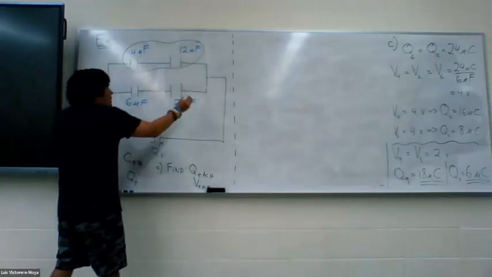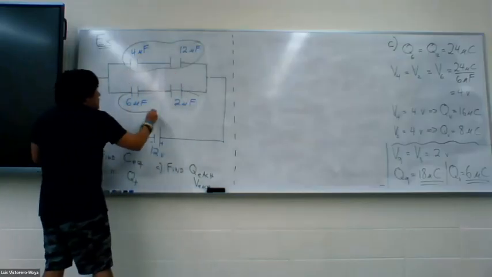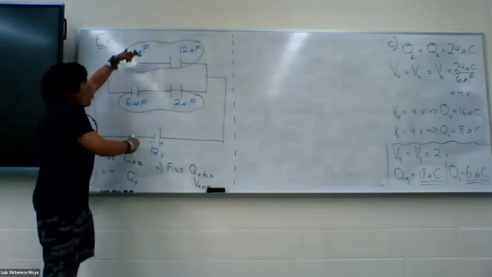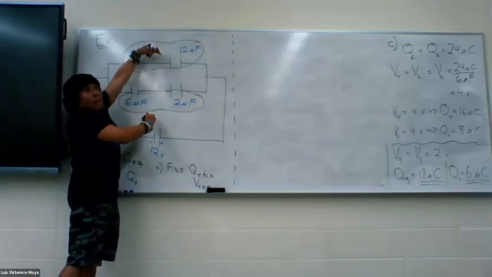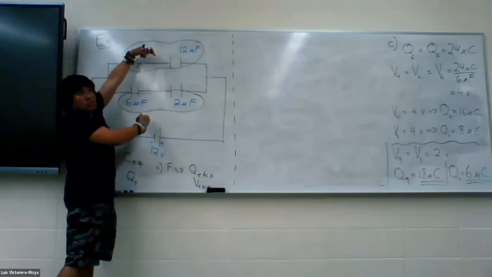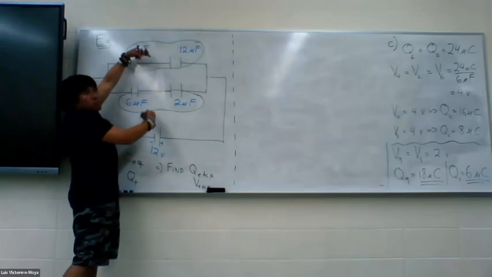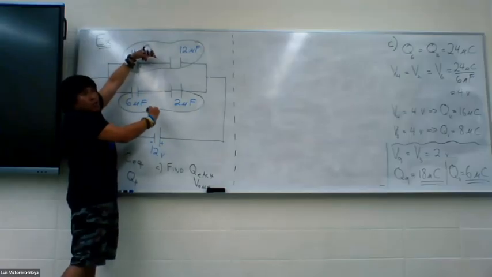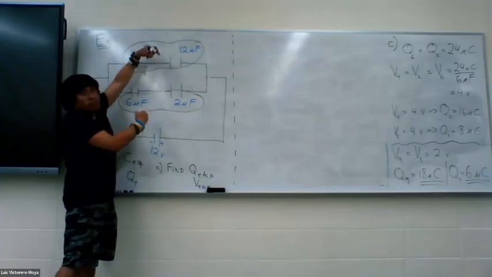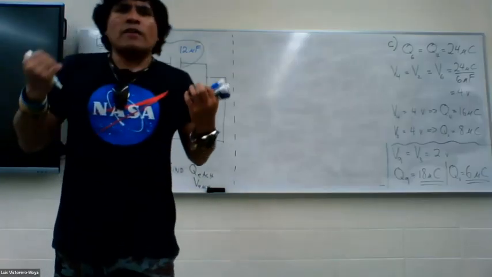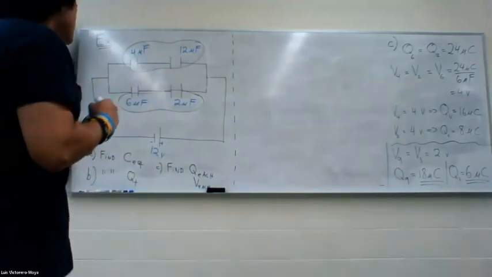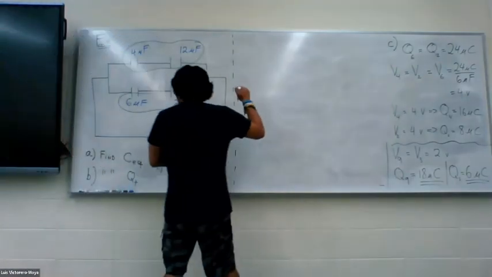And then in series, I'm going to combine these two. Once you combine these two in series, you can then do the parallel connection between the combination of these two and these two. All right. So that's where you have to be careful. Once you realize that, then you are set to start this problem.